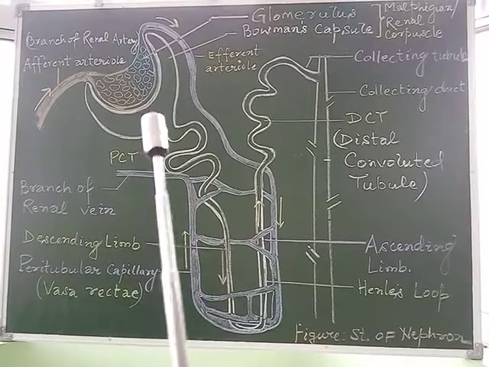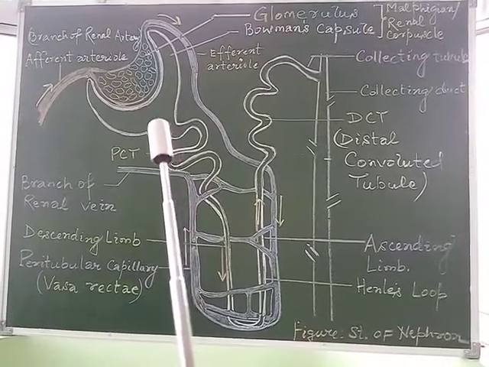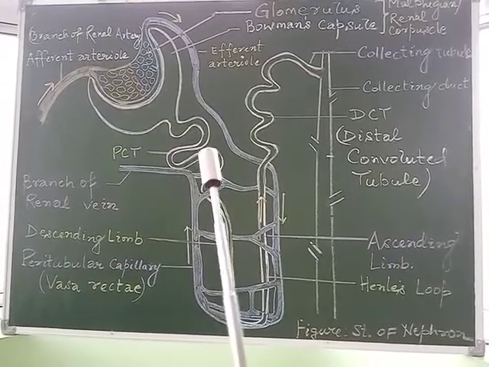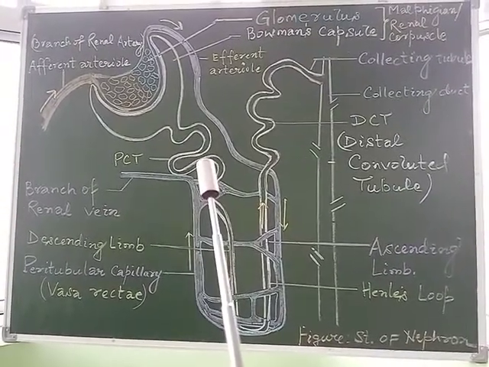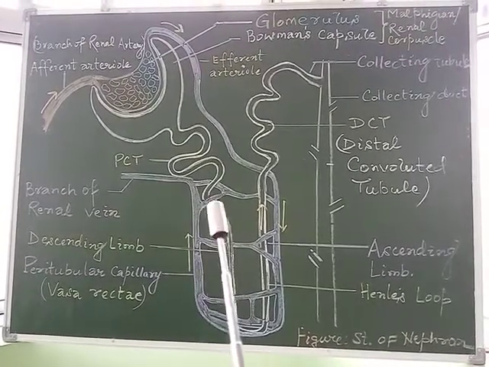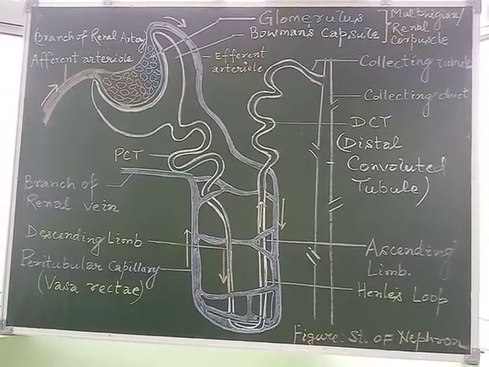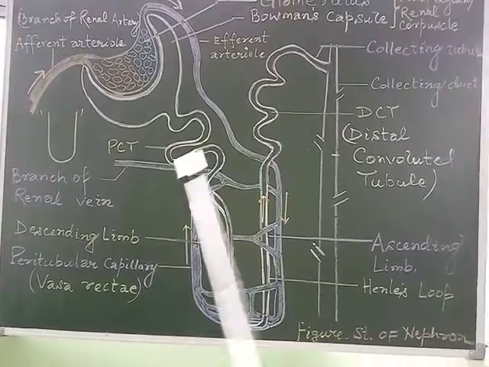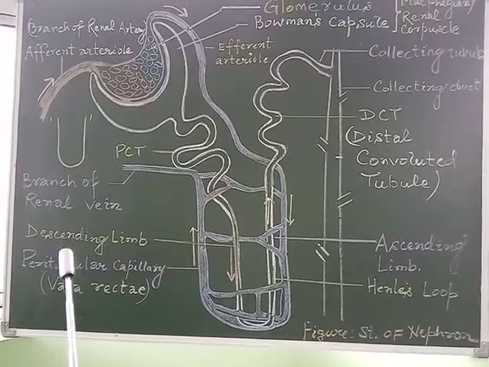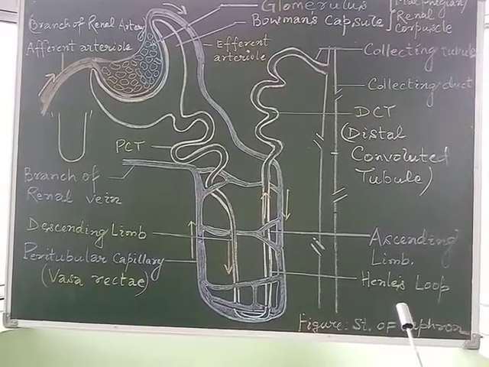The tubule which continues after the Bowman's capsule forms the PCT region, called the proximal convoluted tubule, and it descends down to form a U-shaped structure called Henle's loop.